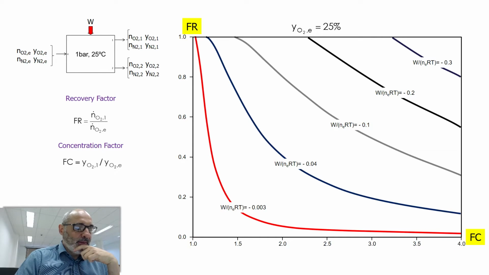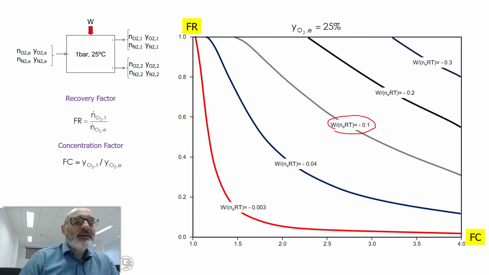Let me get my pen here. Let's assume that we're going to inject this amount of work. This is the amount of work that I can inject to separate oxygen from the atmosphere.